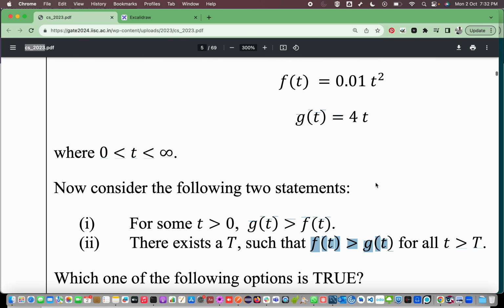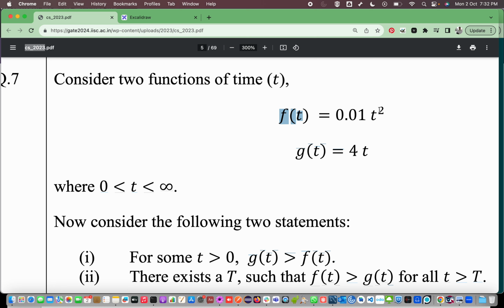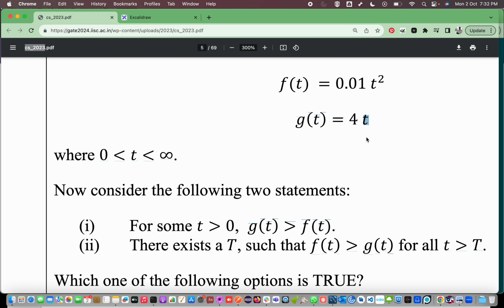Why is f(t) greater? Because f is a function of t square, g is a function of t. So till it reaches 400, g dominates. When t reaches 400, f and g both are equal. Beyond 400, f dominates, because the square actually dominates this one.